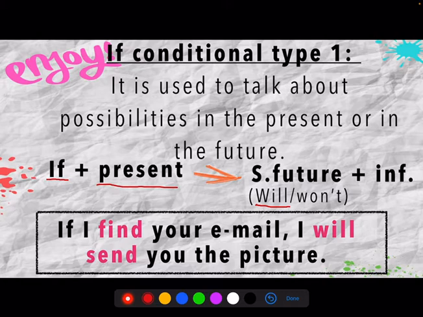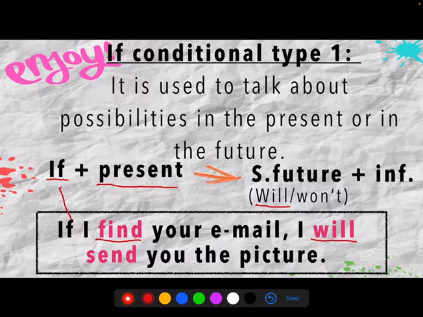Let's see the example. If I find your email, see here the verb in the first part of the sentence, your verb is in the present simple tense. If I find your email, I will send you the picture. You have the word will, the present future.